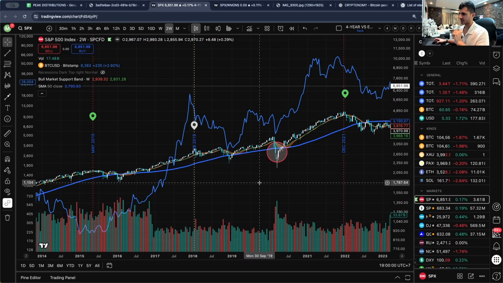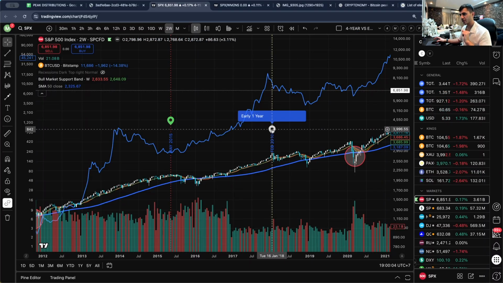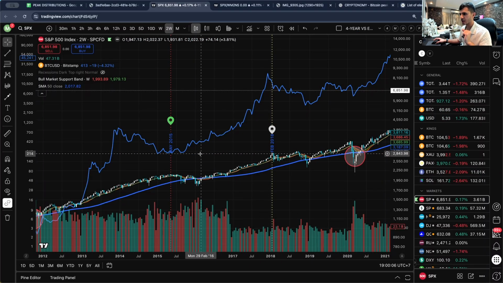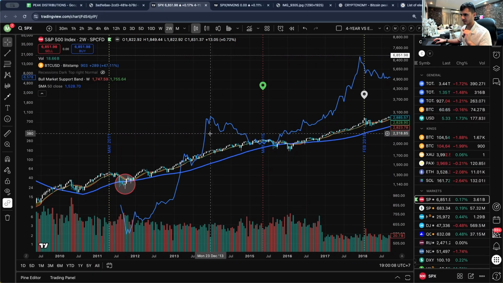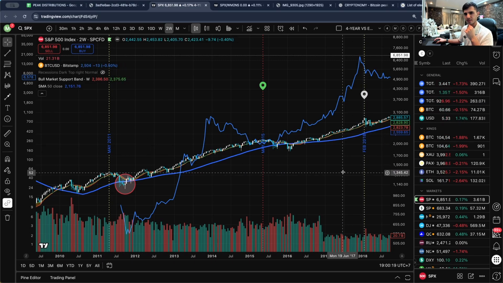Interestingly, even though that was early 1 year for the stock market, because Bitcoin did have an earlier backdrop, that corresponds to exactly a 4-year cycle for Bitcoin in the early 2018.